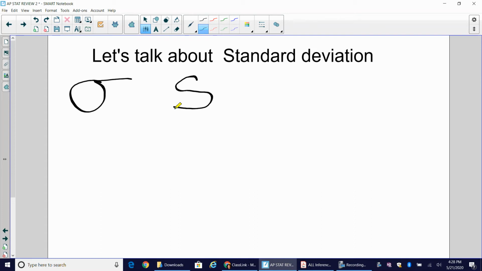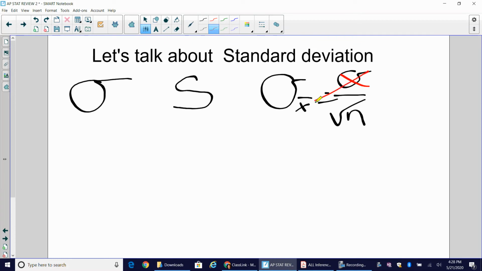And then we use that to find the standard deviation of our sampling distribution. Sampling distribution is sigma of x bar, that's the notation. And you've got two formulas. You've got sigma over the square root of n, which is great, but most of the time we don't know sigma. So we have to do s, which is called the standard error, over the square root of n.